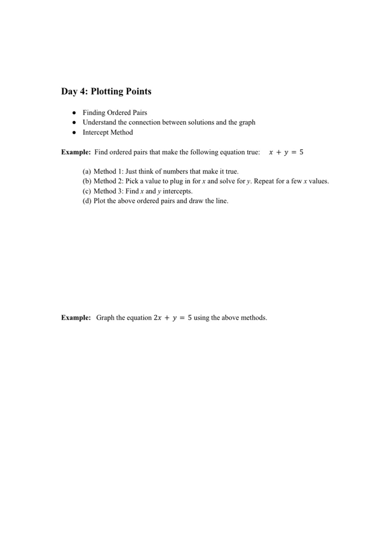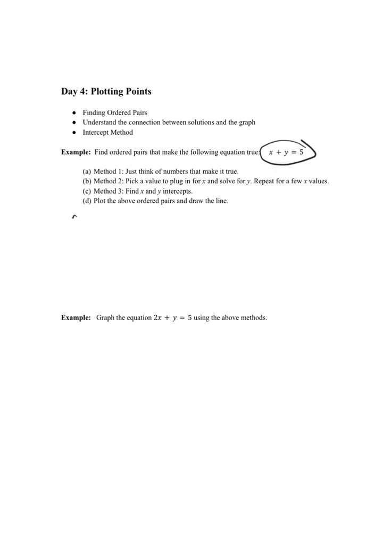So here we're going to look more at the algebraic equations without so much of the context, just kind of looking at the formulas. There are different ways to find the ordered pairs in order to draw the graphs. For instance, if you have the equation x plus y equals 5, you might be able to come up with some ordered pairs very easily just by thinking about numbers that make it true, because this equation is pretty easy.